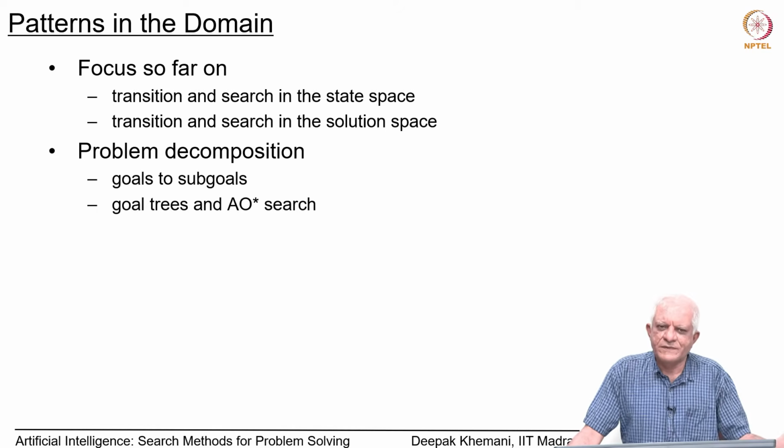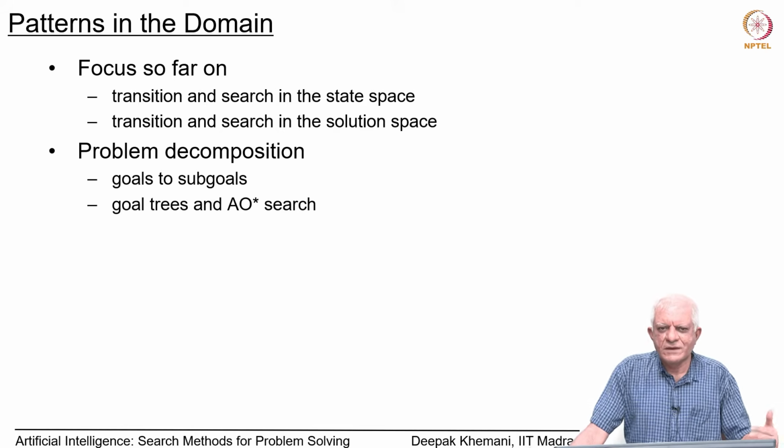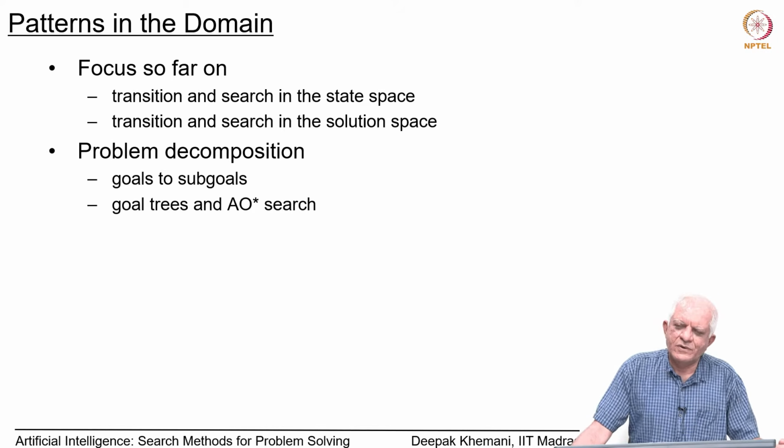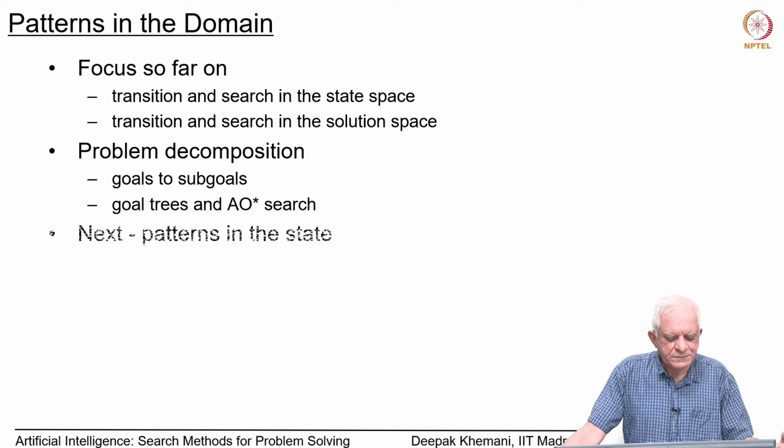So, for example, if you are planning a trip to Himachal, let us say, then you have to worry about travel, and you have to worry about booking, and you have to worry about local travel, and all these kind of things which are sub goals which you can solve independently. And that approach took us to this whole field called AND/OR trees or AND/OR graphs, and we looked at the algorithm AO star, which kind of found optimal solutions in that space.